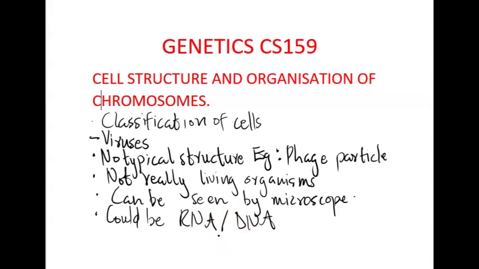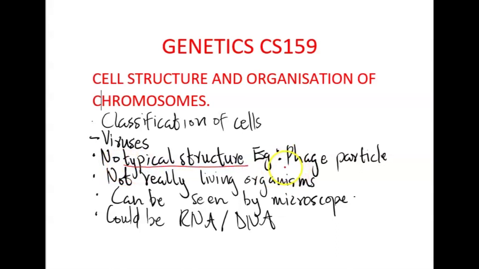A virus cannot replicate alone. Instead, it must infect elements of the host cells to make copies of itself. Some notes you can take about viruses is that they have no typical structure.